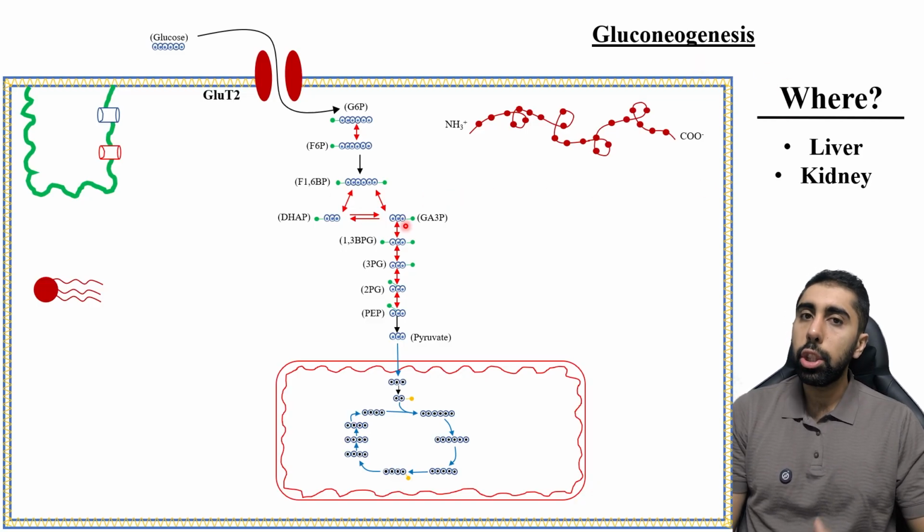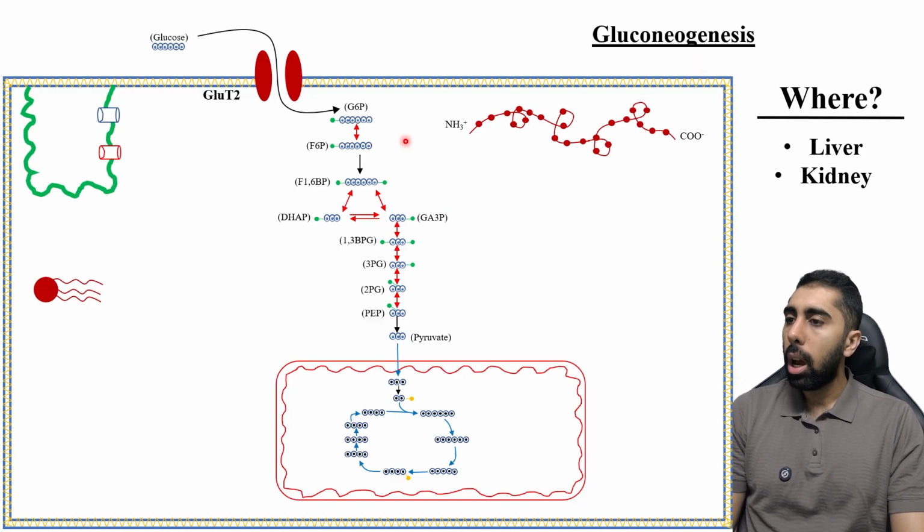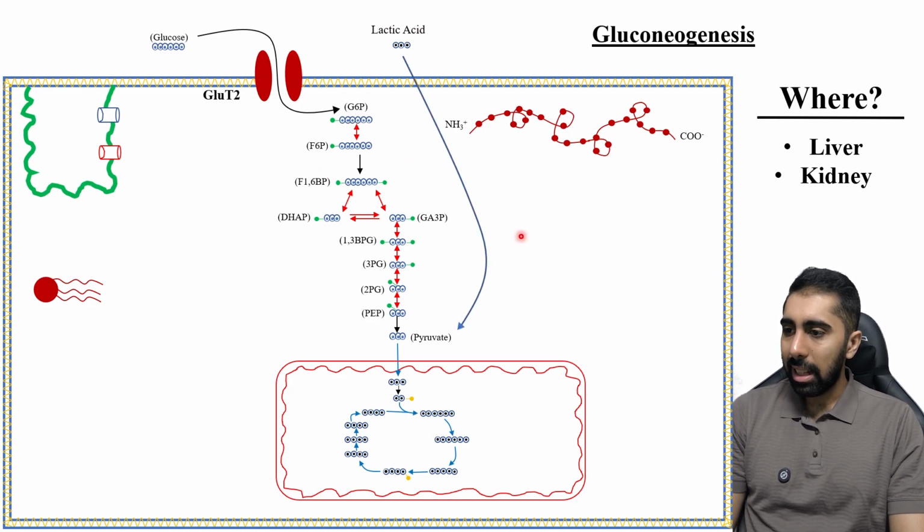For the first non-carbohydrate molecule, I want to talk about lactic acid. Lactic acid can enter the liver cell and turn into pyruvate. How and when?